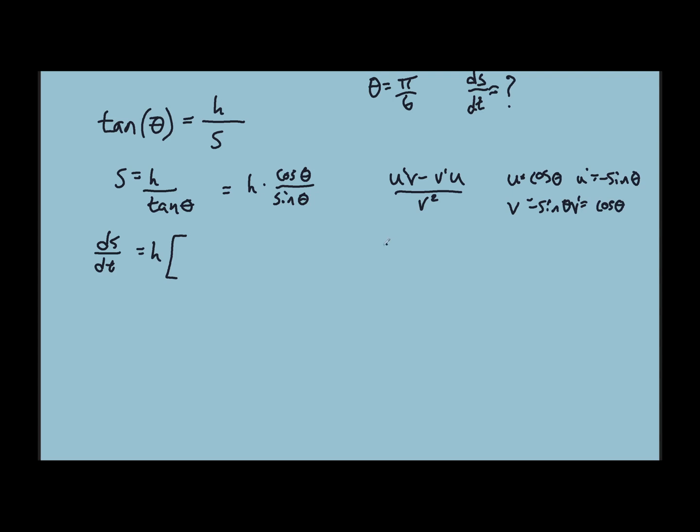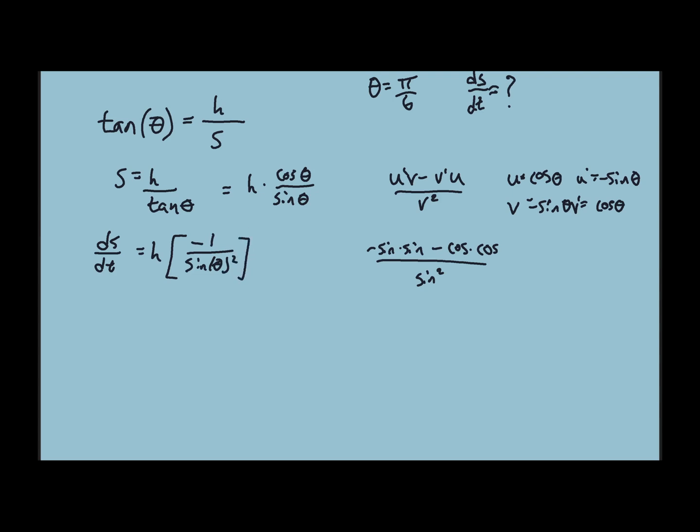So u prime v, that's going to be negative sine times sine minus v prime, which is cosine, times cosine for u, over v squared is sine squared. So this is on top. If you factor the minus out, you're going to get a negative 1 over sine of theta squared.